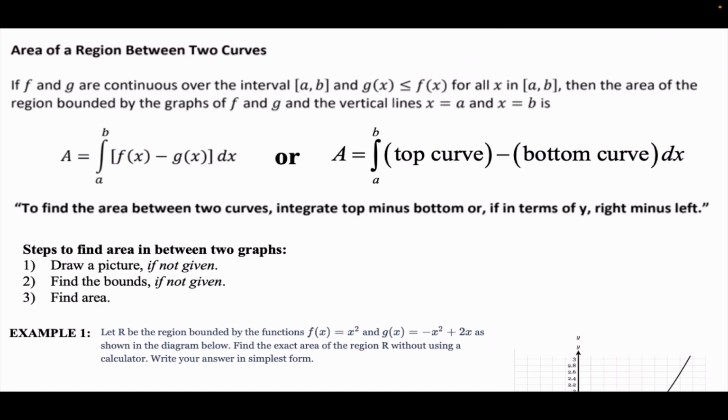If not, draw a picture. A lot of these are calculator questions too, so we can use the calculator to see which one's the top and which one's the bottom. Find the bounds if they're not given. If the bounds aren't given, we have to find them using the calculator, and I'll show you how to do that. Last thing, find the area.